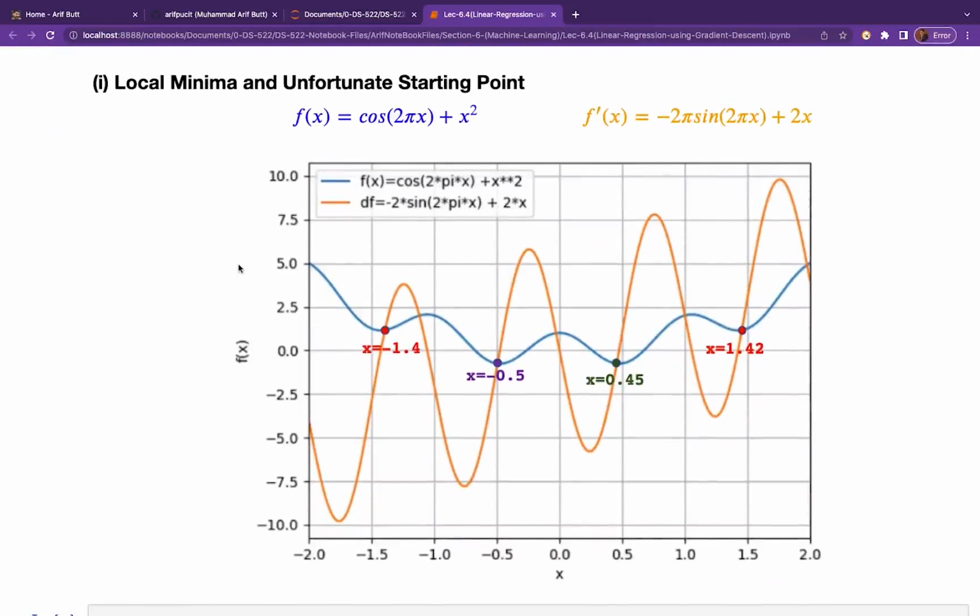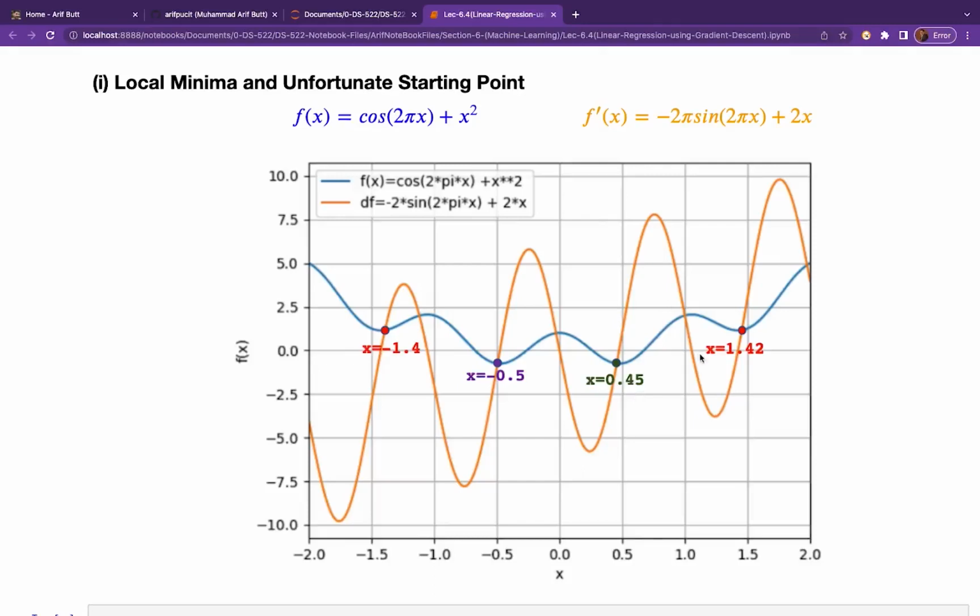Okay, consider this trigonometric function: cos of 2 pi x plus x square. And this is graphically represented by this blue curvy line in this graph. If you have taken the calculus course, you should know that the derivative of this function is minus 2 pi sine of 2 pi x plus 2x, which is graphically represented by this orange curvy line in this graph.